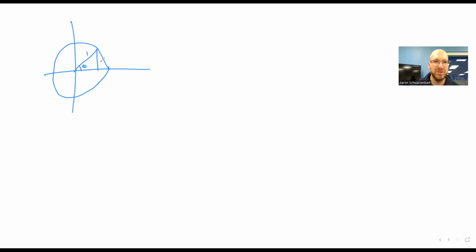Because we want to use the variable x, we're not going to call this one y, we're going to call this x. So I'm going to draw my triangle here. And this can apply for anything. It's got a height of x. That could be negative. That's possible. Using the Pythagorean theorem, we'll call this s. s squared plus x squared equals 1 squared, or s squared equals 1 minus x squared.